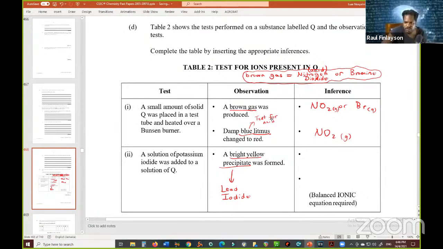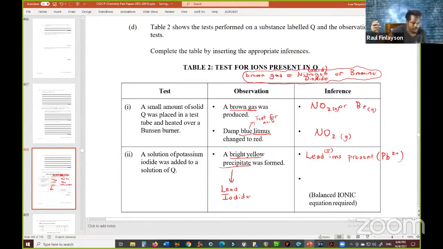So they also want the ionic equation. A bright yellow precipitate forms, so we could write lead ions present. We could also write Pb2+, that's the formula for lead 2. Let's put lead 2 just in case, because this video is on YouTube and people might comment and say, sir didn't say lead 2.